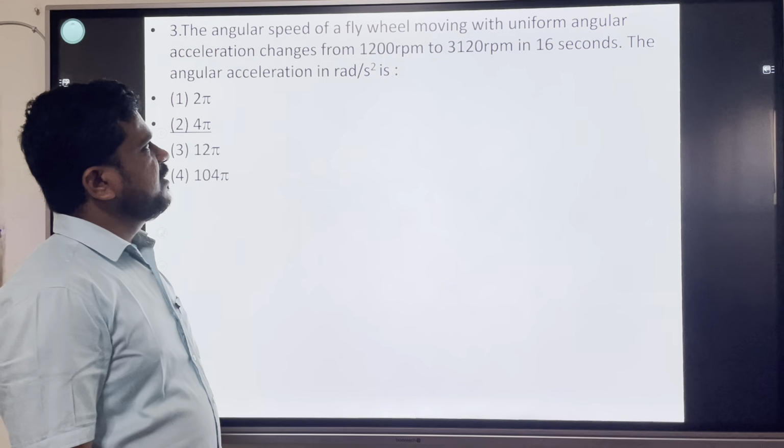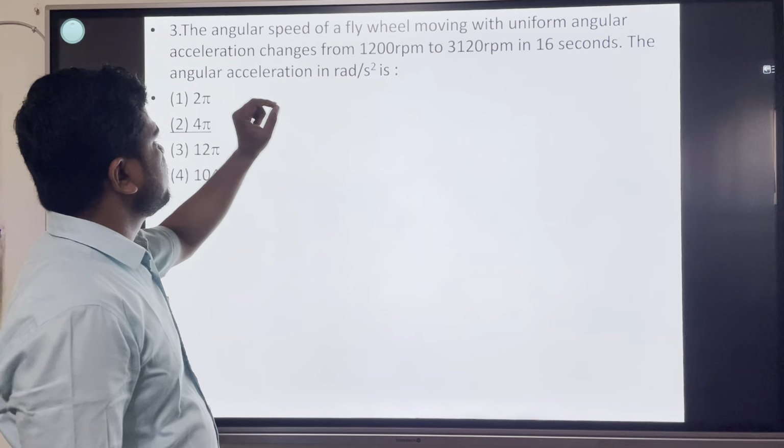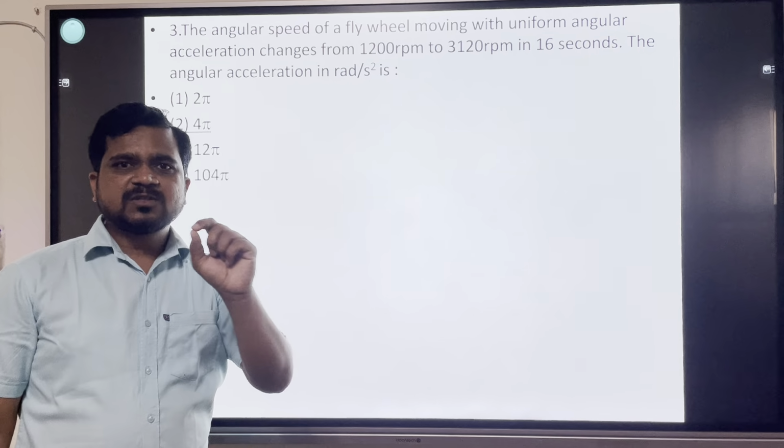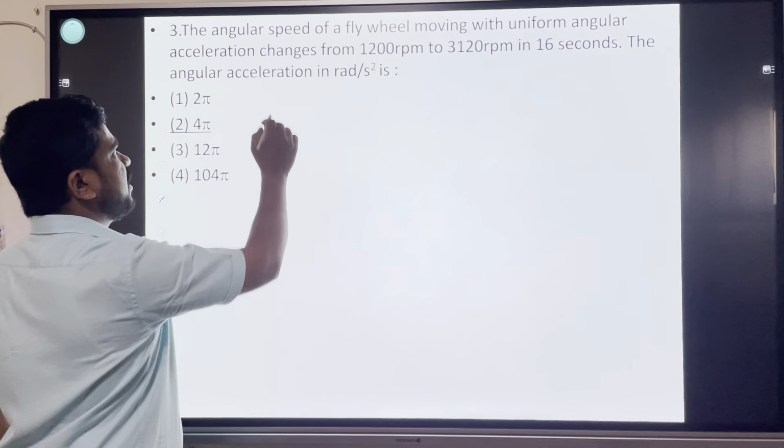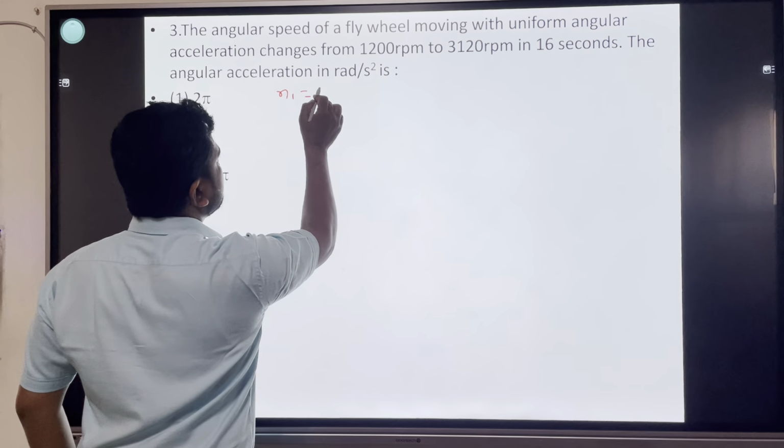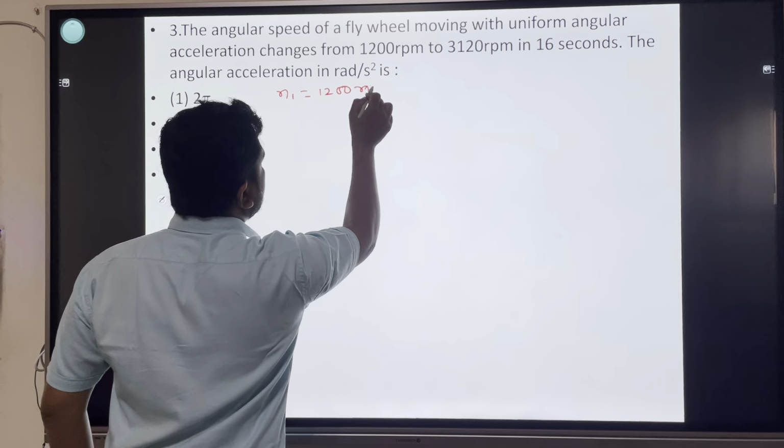The angular speed of a flywheel moving with uniform angular acceleration changes from 1200 rpm to 3120 rpm in 16 seconds. Find the angular acceleration in radian per second square. Frequency is given in rpm.